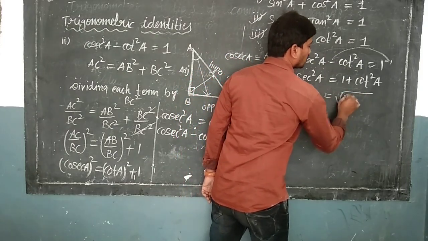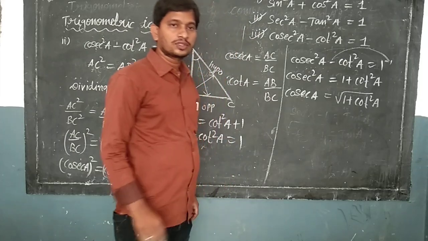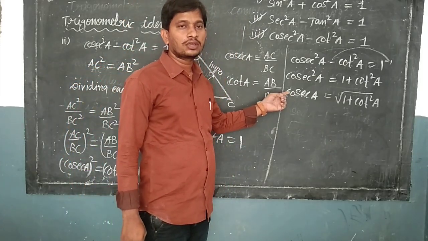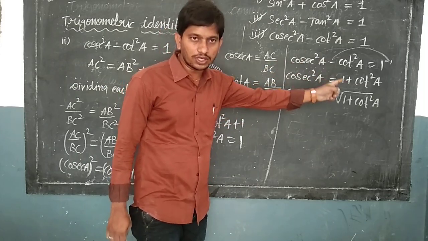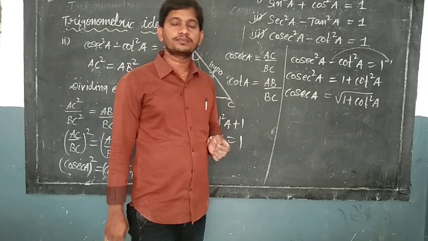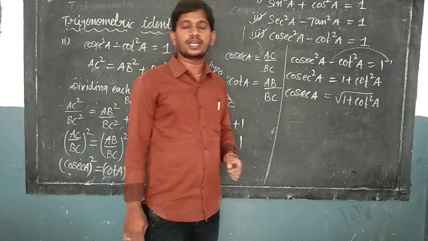It becomes cosec A equal to root over 1 plus cot square A. So when we are doing sums, we will use these formulas. Sometimes in place of cosec square A, we can write 1 plus cot square A. In place of cosec A, we will write root over 1 plus cot square A.